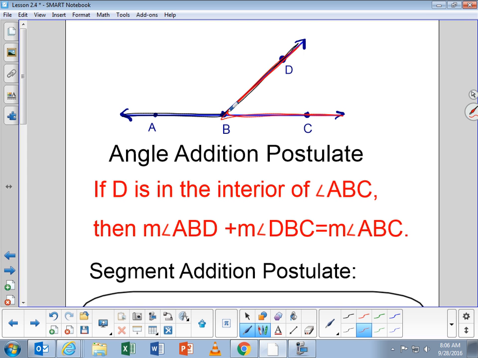What this property is saying is if I add these two angles together, I'm going to get the big angle. We use this all the time. You want to get very comfortable with this.